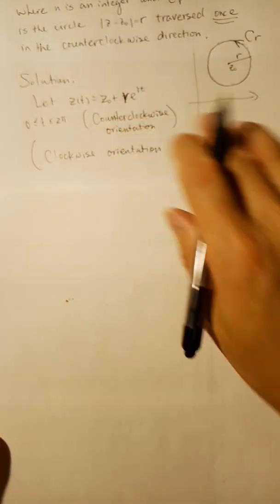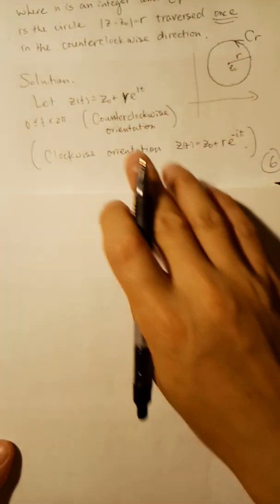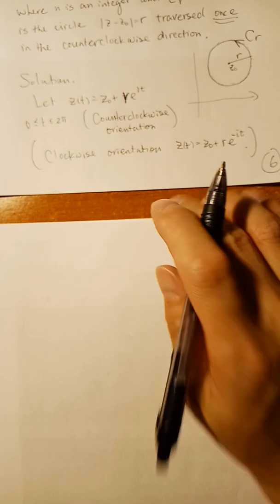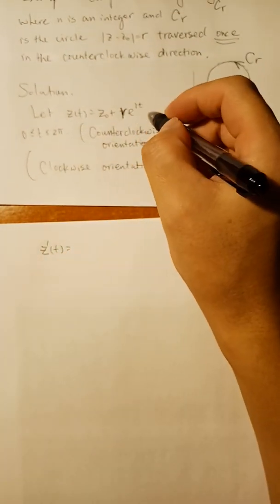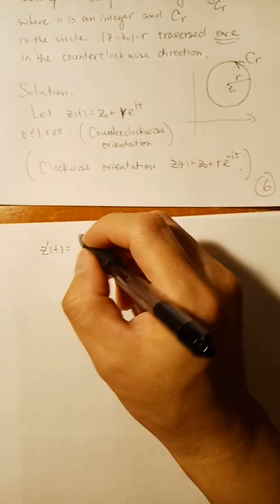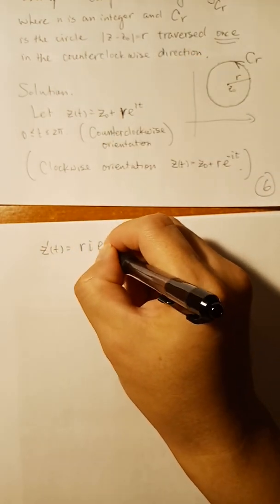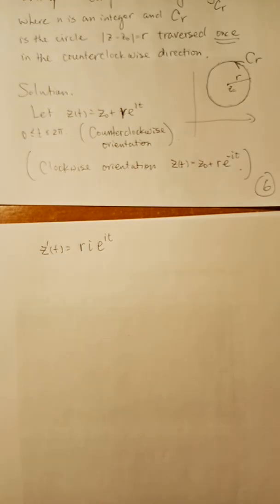Okay. Now we have the path z(t). Then z'(t), the derivative with respect to t, is just R i e^(it). z0 is a constant, so its derivative is 0.